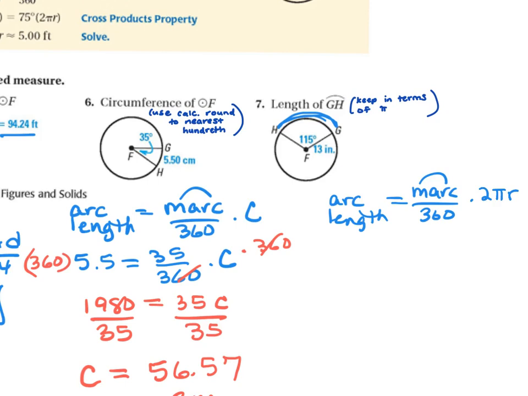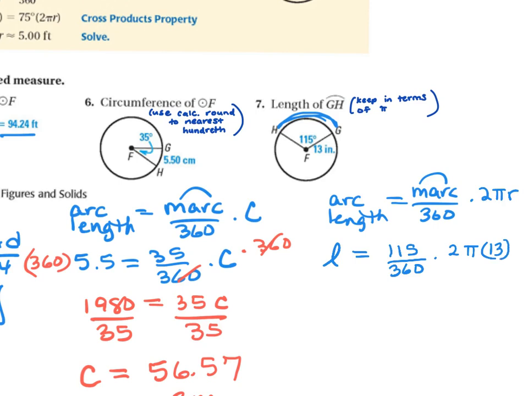So again, we're solving for the length of the arc. We'll call that L. The measurement of the arc is 115 over 360 times 2 times pi. And my radius length is 13.